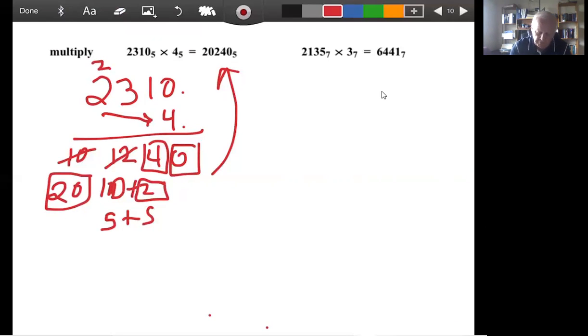Okay, we'll do this one here. 2, 1, 3, 5 times 3 in base 7.